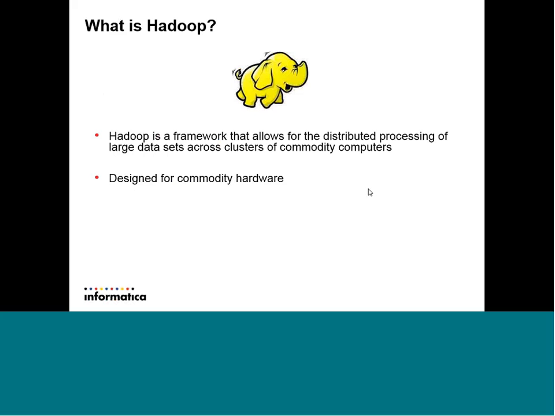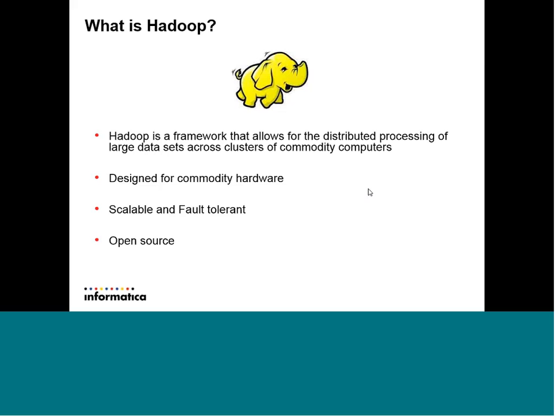So what is Hadoop? Hadoop is a framework. It's fundamentally an infrastructure software for storing and processing large data sets. That means that you can buy a whole bunch of commodity servers, put them together on a rack and run Hadoop software on each of them.